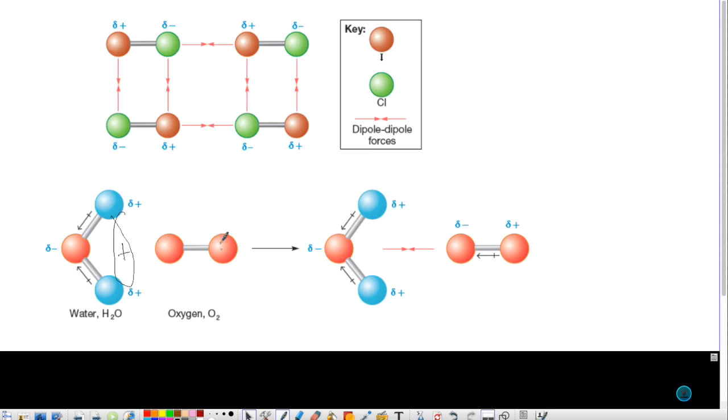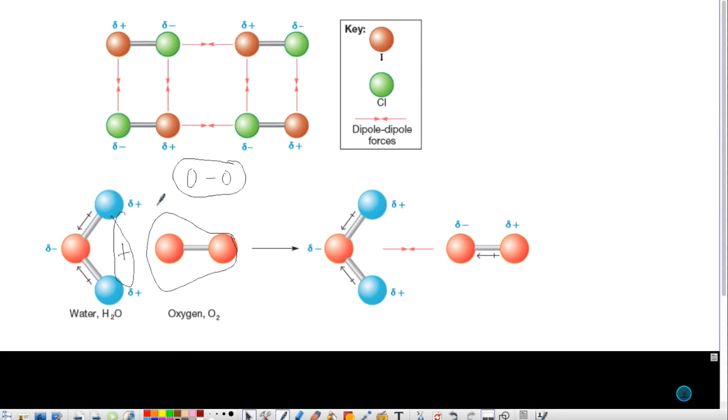Now, the electrons in oxygen are kind of free to move about a little bit, and so they'll start to shift towards this side, which means, in a normal oxygen molecule, if I were to look at how the electrons are distributed, it's going to be something that looks kind of like this, right? But now, instead, your electron density is going to be more like this, where it's going to favor the side near the positive charge, okay?